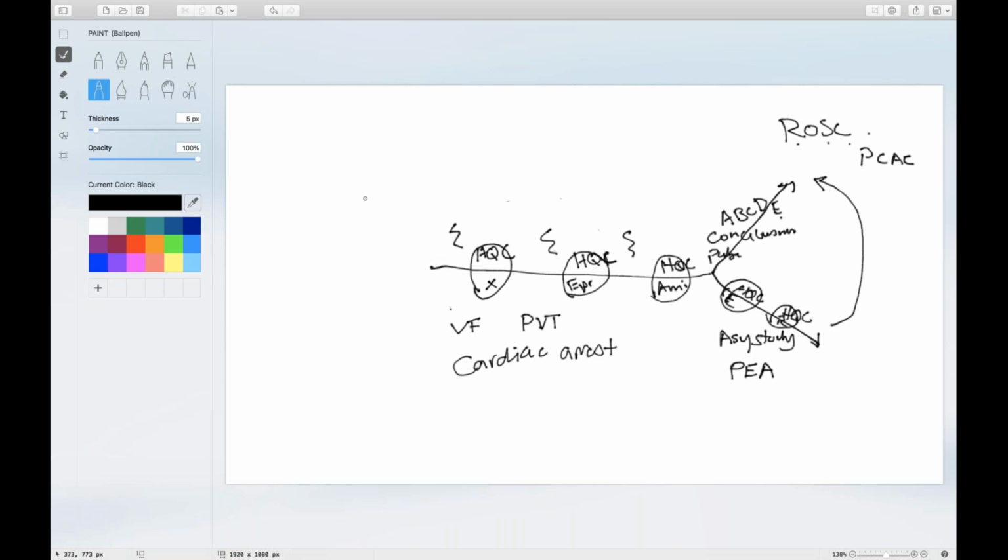There are two conditions that we will also discuss. Number one is tachycardia, and the second one is bradycardia.